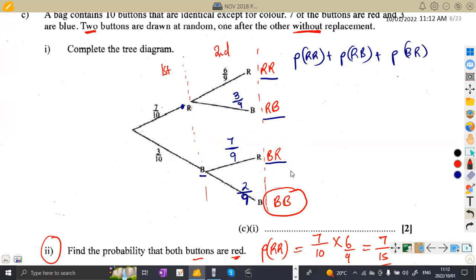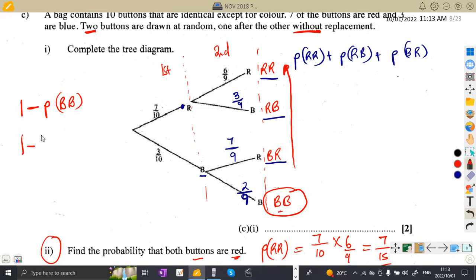I know that the whole probability is supposed to be equal to 1. So to pick at least one red, I'm just going to have 1 minus the probability of picking blue-blue. I do not want this blue-blue, I need all these which are remaining. So to remove this one, just subtract from 1.